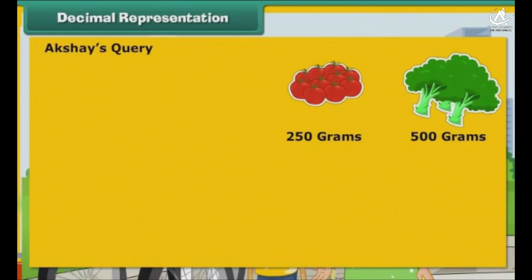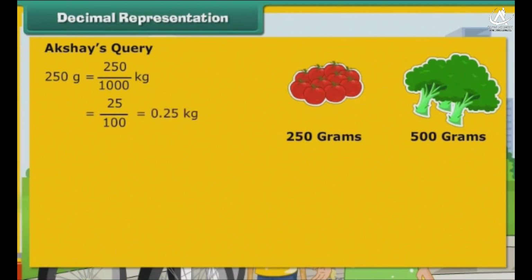Let us now express the vegetables Akshay's mother purchased as kilograms. 250 gram is equal to 250 by 1000 kg. That is equal to 25 by 100 kg.